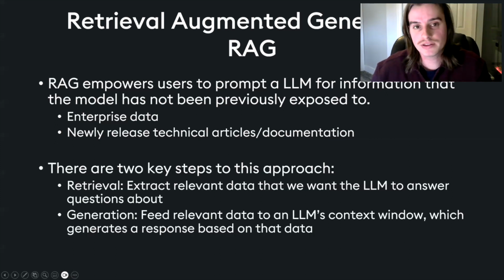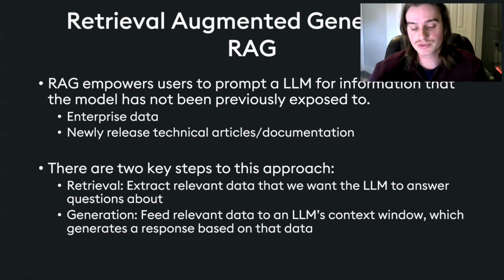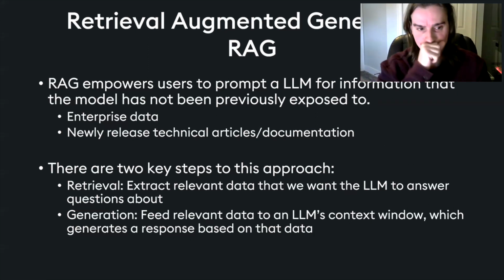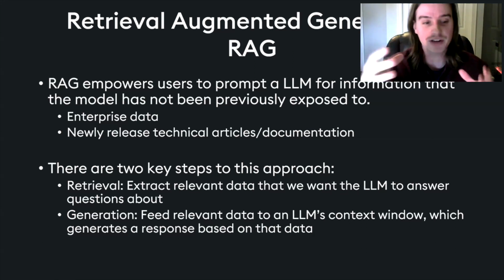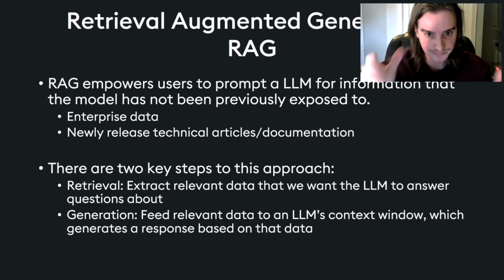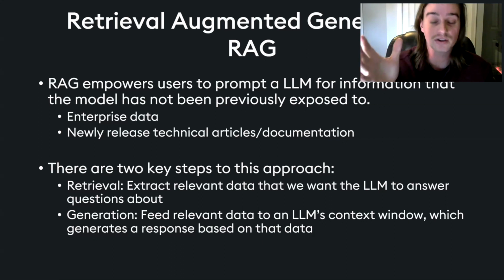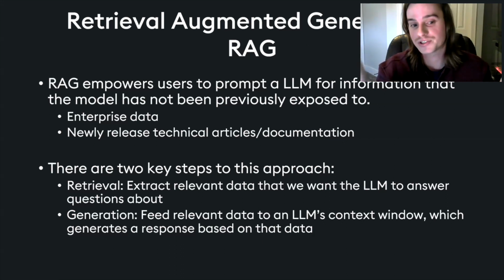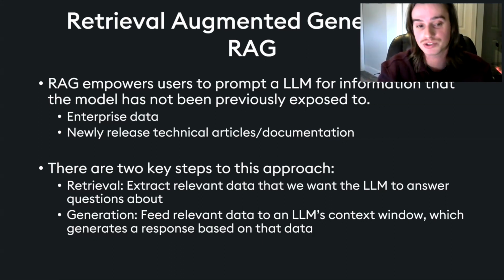Within this RAG pipeline, there are two key steps. The first step is called retrieval. That's where we look to extract the relevant data that we want the large language model to answer questions about. Retrieval is where the vector database comes in handy. Really, the vector database is like the center of the retrieval pipeline, because it allows you to easily find the most relevant data to a user's query.